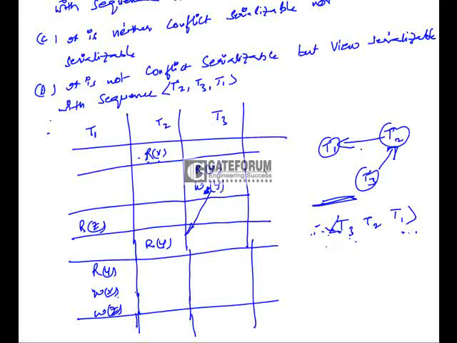What about the final write operation on data item Y? It is performed by T3 in the given schedule, and the same thing is happening in the equivalent serial schedule also. Why? Because here T2 and T1 are not performing any write operation on Z. So the final write operation will not be changed in the equivalent serial schedule.